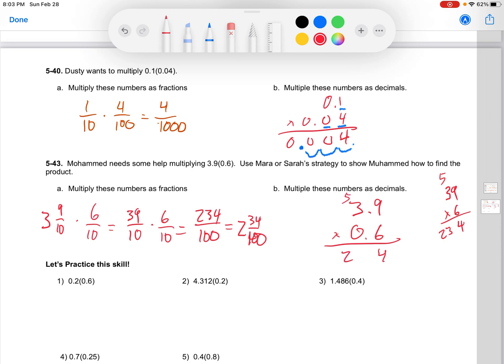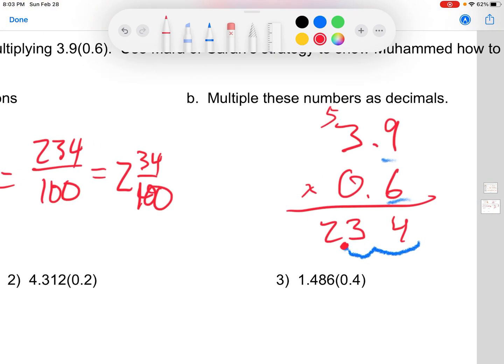Plus 5, 23. Now, how many decimal places? I have 1, 2. So I'm going to go over 1, 2, and let's slide that decimal point in there. 2 and 34 hundredths. Man, I got to clean that up, right? There we go. Look at that, 2 and 34 hundredths, just written differently.